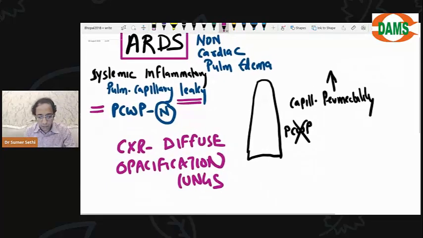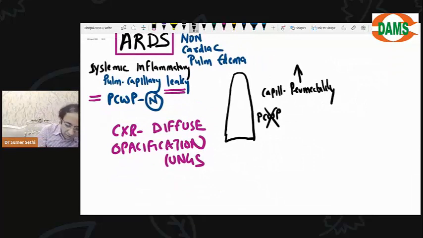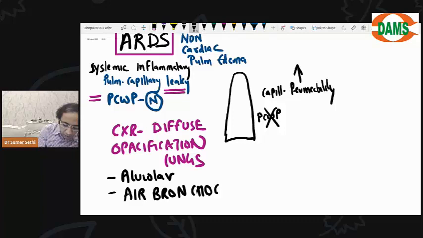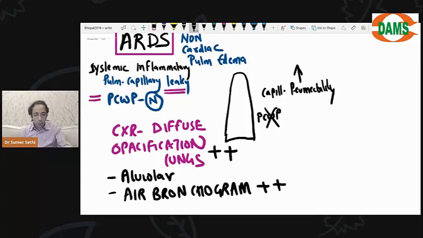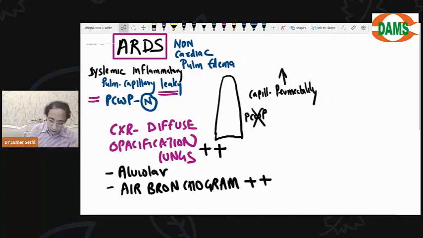Okay. And because this is alveolar opacification, it is the alveoli which are becoming opaque. If the alveoli become opaque, the X-ray shows air bronchogram, which I have already covered with you in the last class. So you will have lungs that are white with air bronchogram in ARDS.